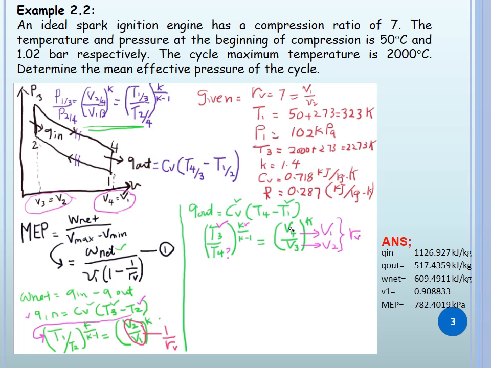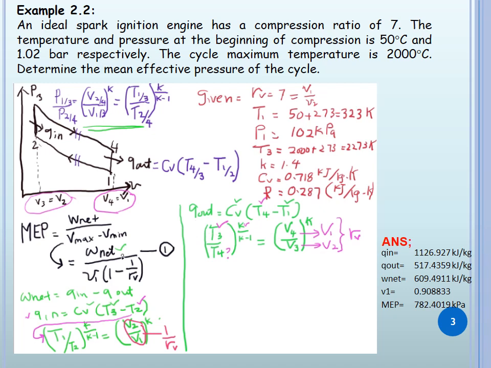So you just substitute the given value of r into this equation, then you will get the temperature, and you can solve for Q out.